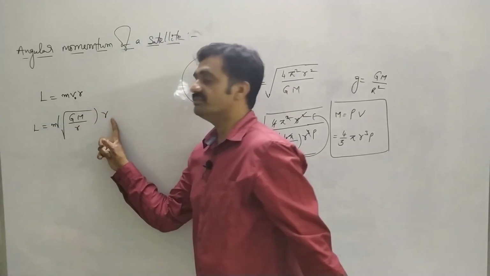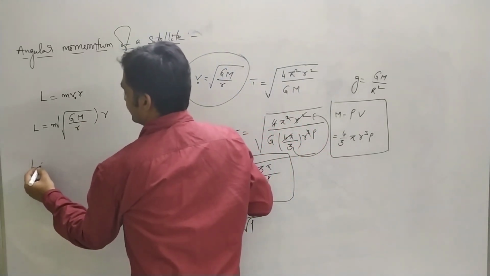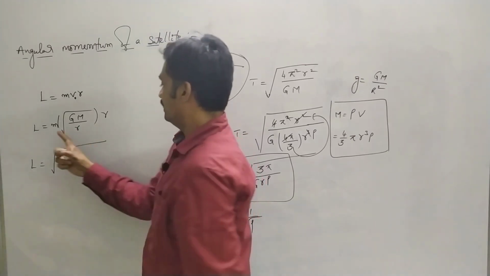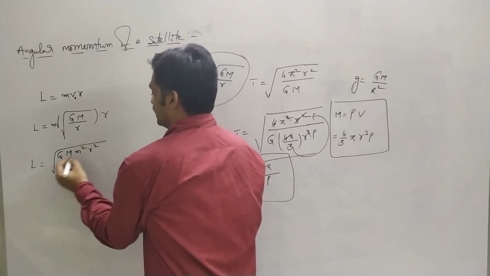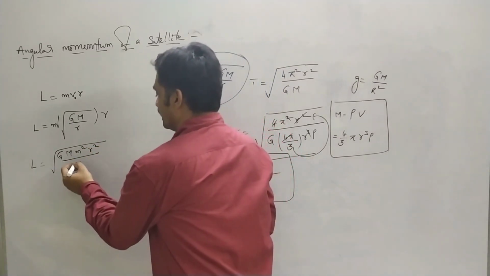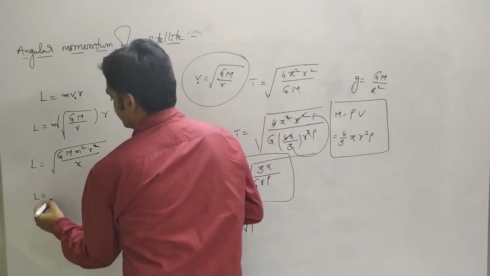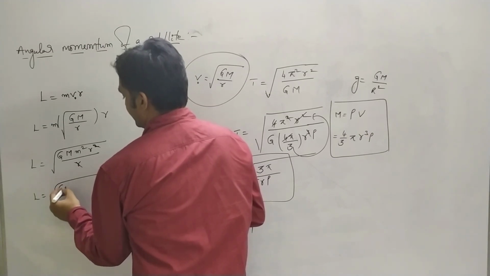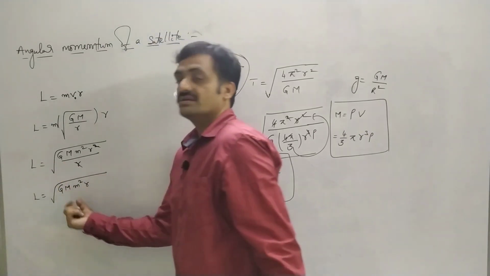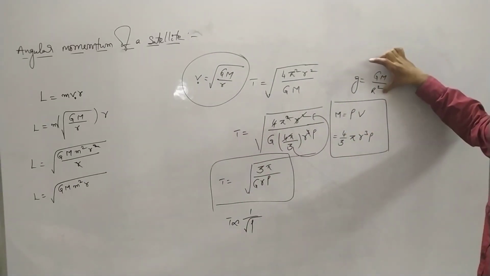into r. As we bring this r into the square root, as well as m, the angular momentum can be represented as G M square r square by r, where one r gets cancelled. Then L is equal to G M square into r. Observe the relation: small g is equal to GM by r square.